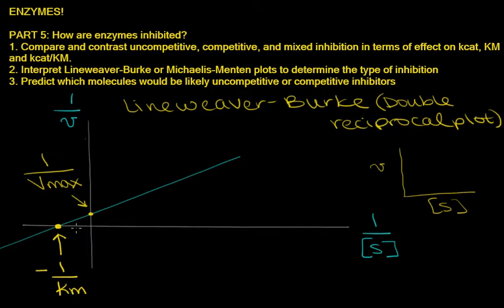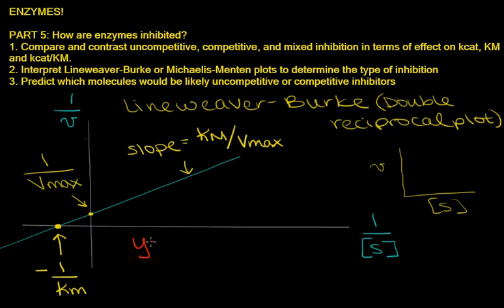And then of course we can calculate the Kcat based on the Vmax by dividing the Vmax by the concentration of enzyme. Boom! Absolutely lovely. Additionally, the slope of this line is equal to the Km over the Vmax. Okay. So, remember the equation for a line.